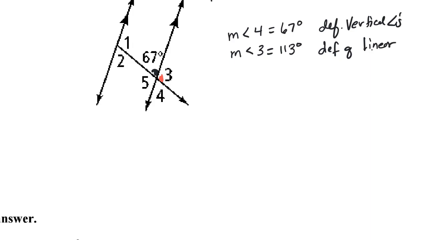Remember, we know all linear pairs are supplementary. They share the same side. That's what makes it a linear pair. Now, with that in mind, we have the measurement of angle 5, which is also going to be 113, and that will be vertical angles. Remember that all vertical angles are congruent.